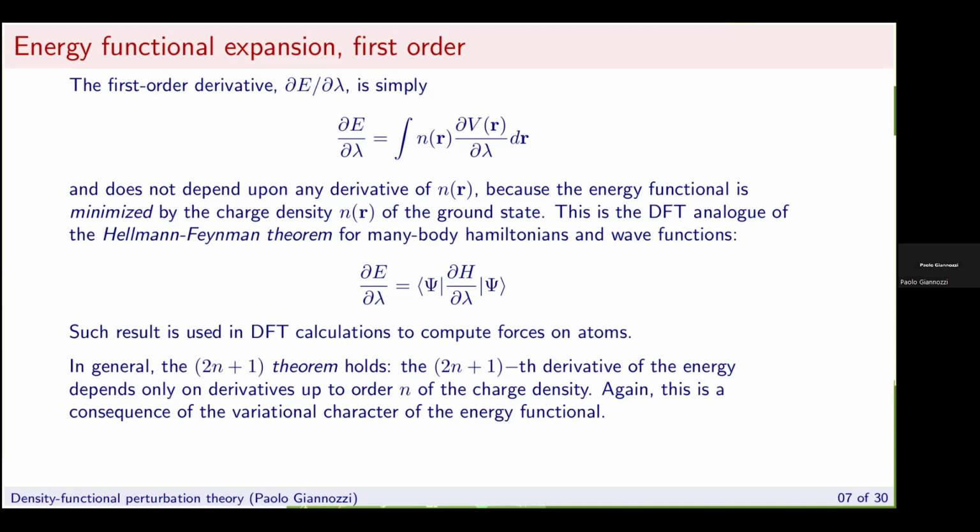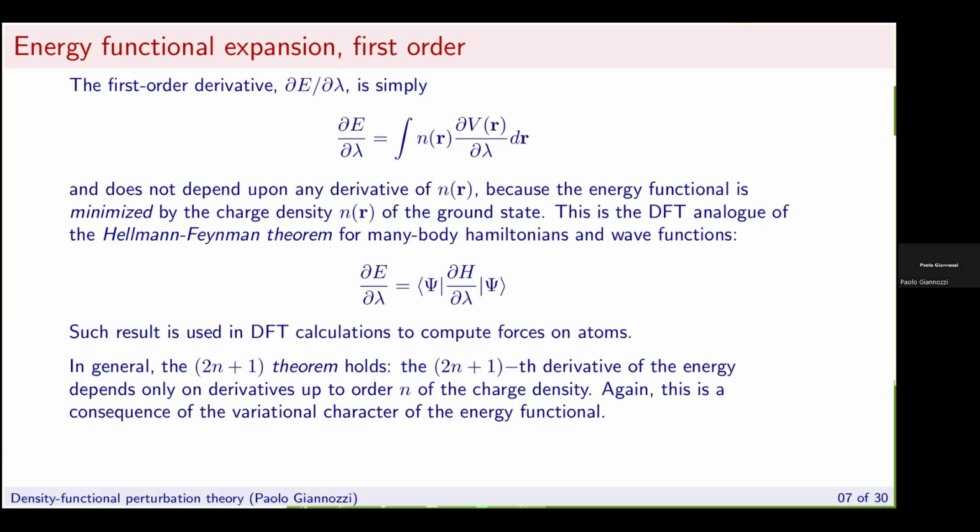In DFT, we can write the explicit derivative of the energy with respect to the parameter lambda as the expectation value over the ground state charge density of the explicit derivative of the external potential. All other terms vanish. And in general, this is, by the way, what we use to compute forces acting on nuclei.